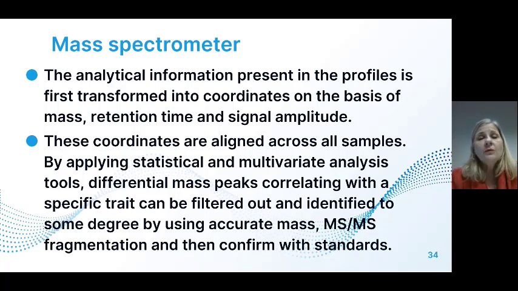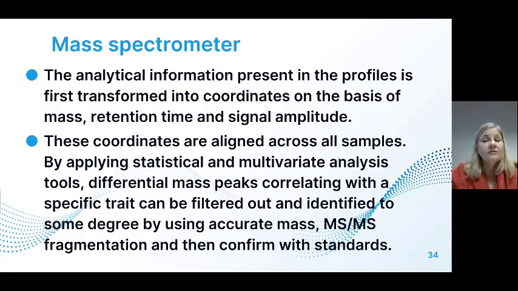So these coordinates would then be aligned when you do the data processing, so that you can go to multivariate data analysis. You take these coordinates and the mass peaks are correlated, and we look for a specific trait that we filter out and then identify by your accurate mass.